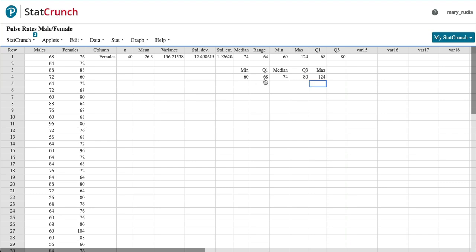In the first 25% of females, we should expect numbers somewhere between 60 and 68 maybe. The middle 50% should be somewhere between 68 and 80. That's the middle range. And between 80 and 124, that would be above the 75th percentile.